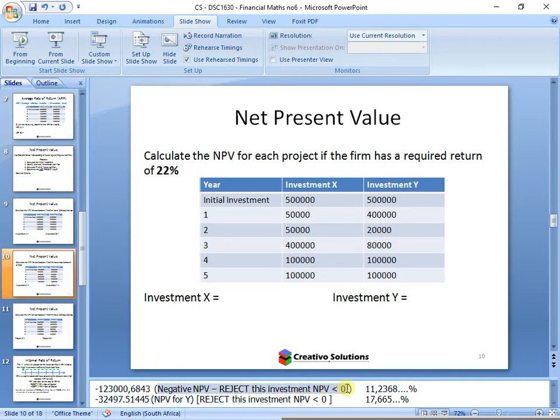Accept when it's positive, reject when it's negative. They can ask you about this in this module. So if this is negative, would I accept the project? No, you'd reject it. Based on a 22% required return, I'm not generating sufficient.